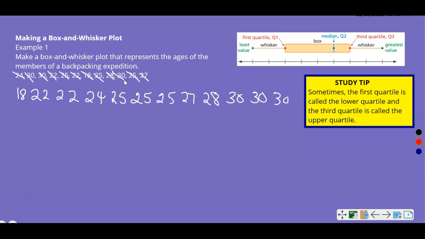All right, so then we're going to draw a number line that includes the least value to the greatest value. So let's see if we have a number line. We're going to have a number line from 18 up through 30.